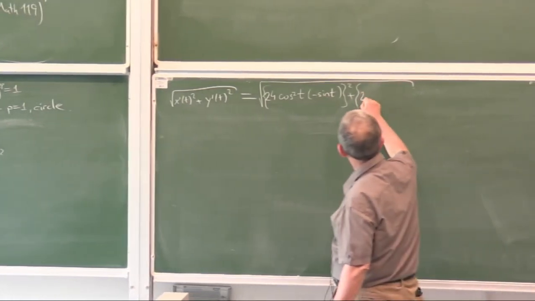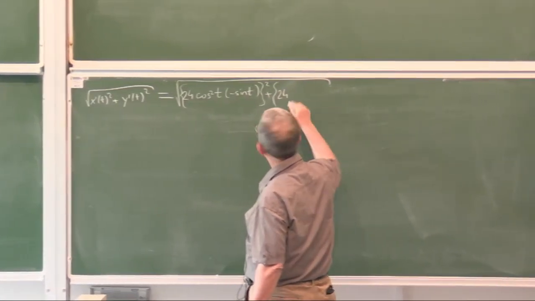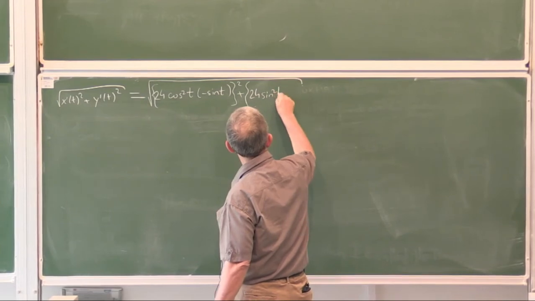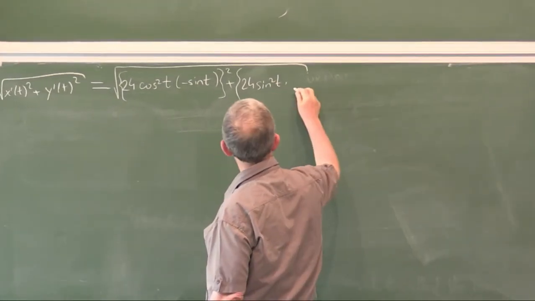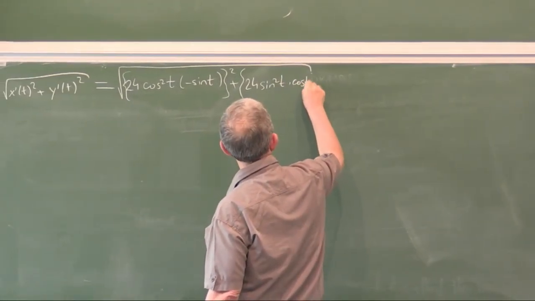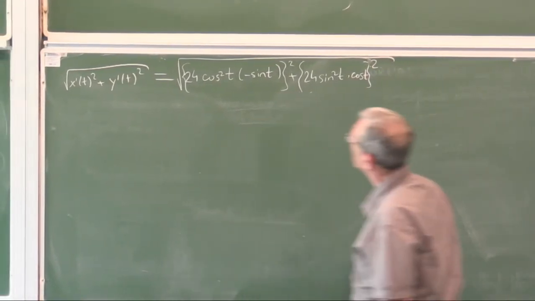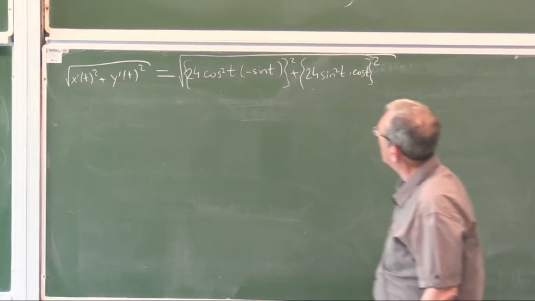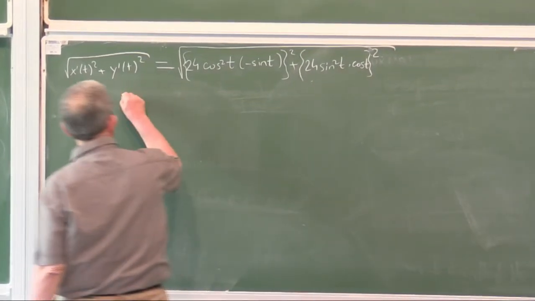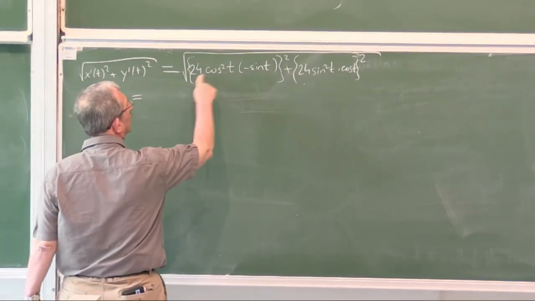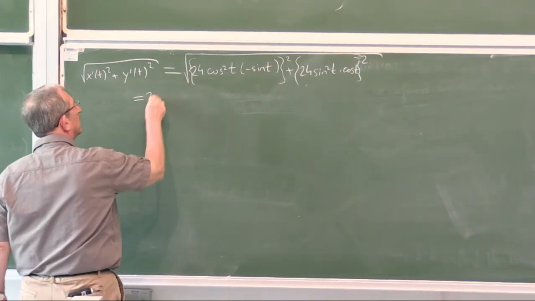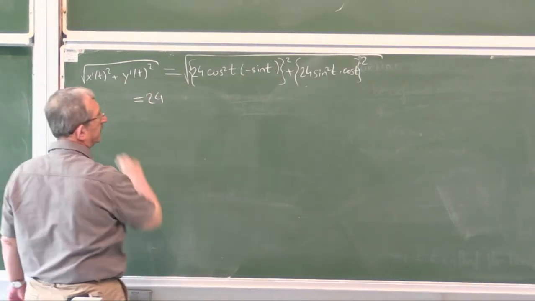That would be 24 sine square t times cosine t, squared. Well, you can see from here directly that you have 24 squared under root. You can take that out.